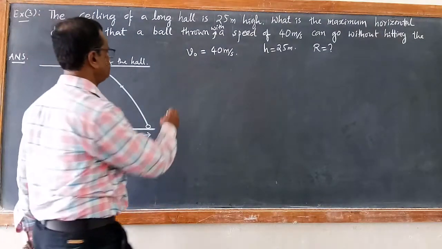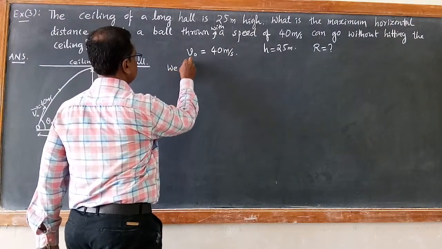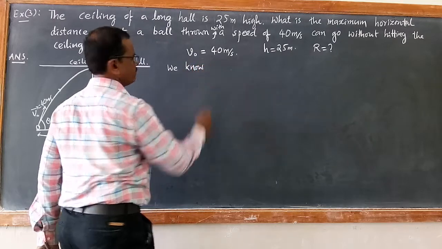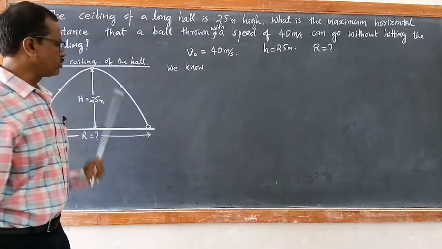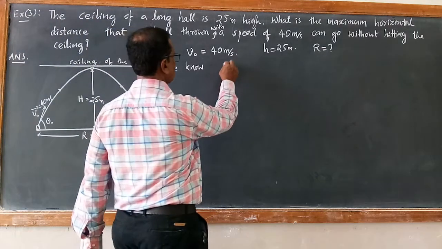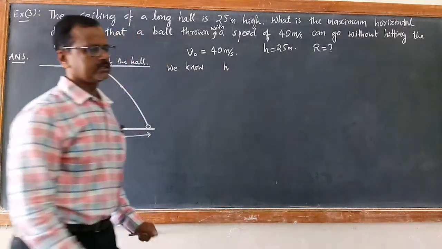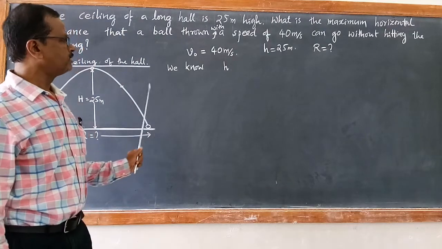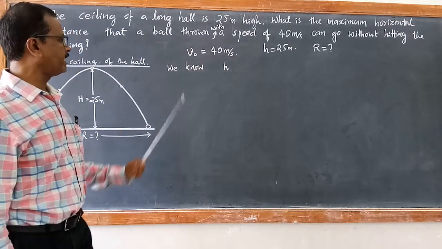So we know, for a projectile thrown with a certain velocity v0, what is the horizontal range? Horizontal range we can calculate. Let us write the equation for height.